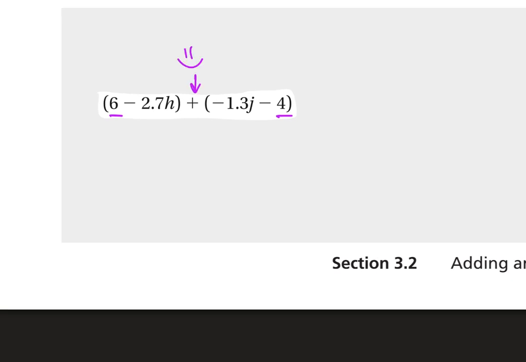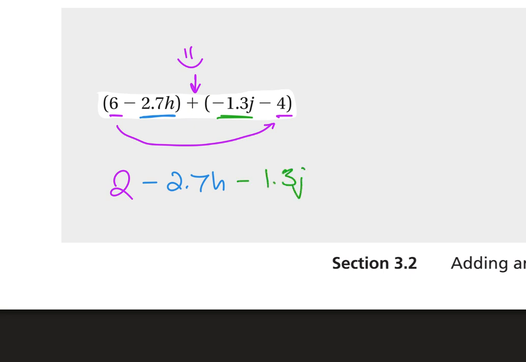Dude, when you're adding, you're so happy because you don't have to make any changes hardly. 6 minus 4, negative 2.7h. Where are his friends? He doesn't have any. So you just bring it down. So then negative 1.3j, where are his friends? He doesn't have any either. So what? You're done. The only thing you had to do was 6 minus 4 on that one.